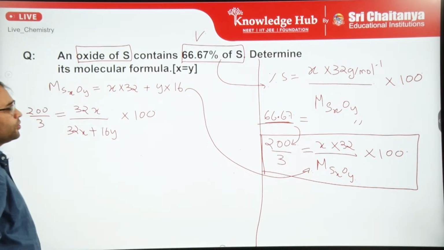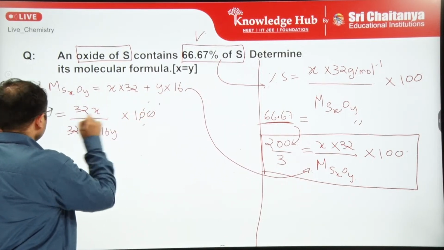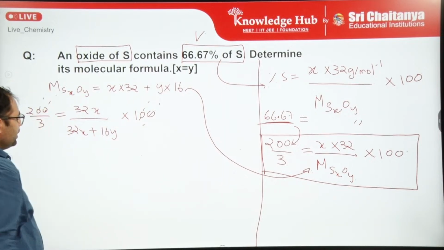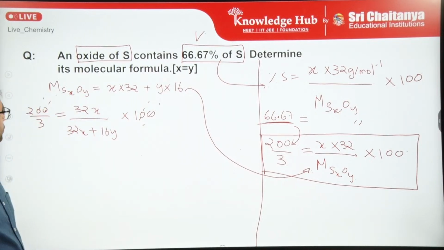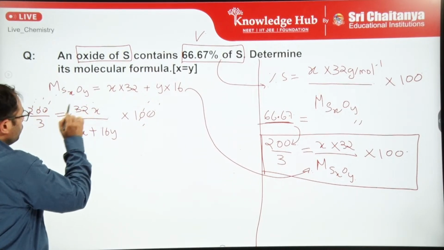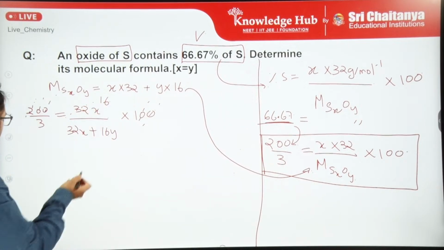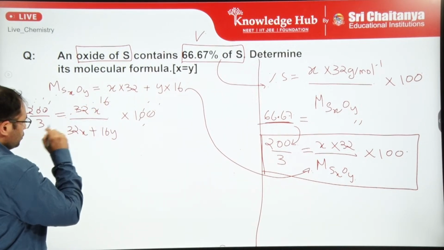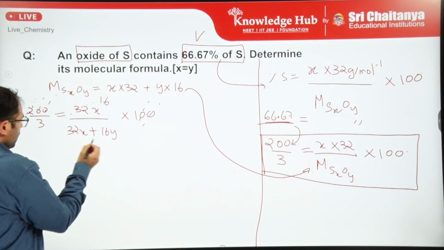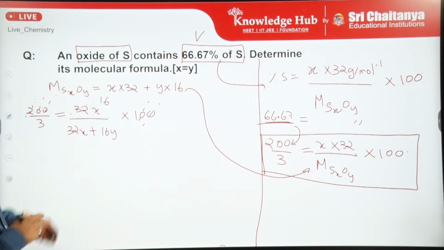So this is our next equation, right? So I can cancel out these zeros from here and here. Next, what I can do? I can cancel out this 2 from here. I'll get a 16 here, right? And okay, let me just do one more cancellation. I can take out 16 as common in the denominator, right?